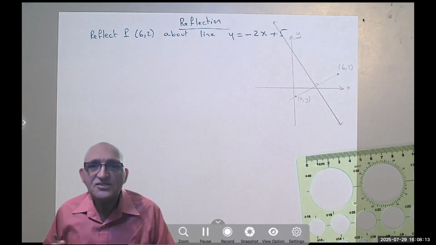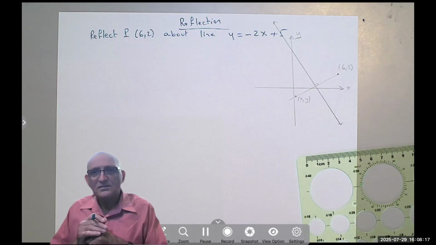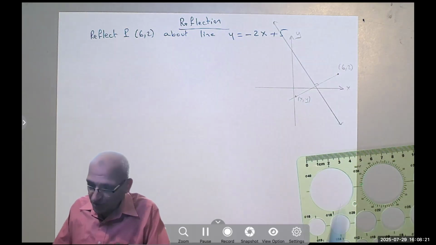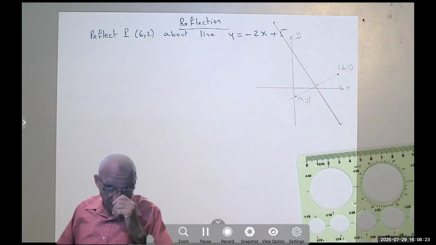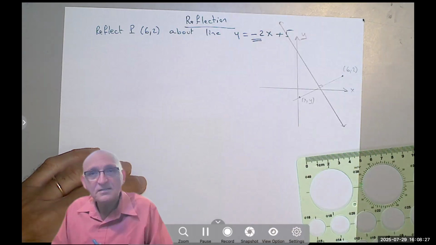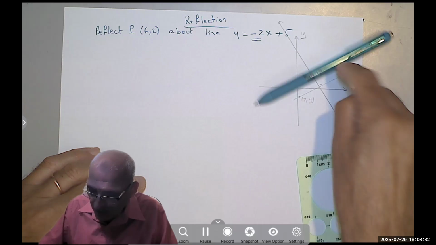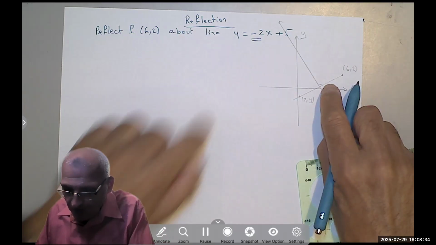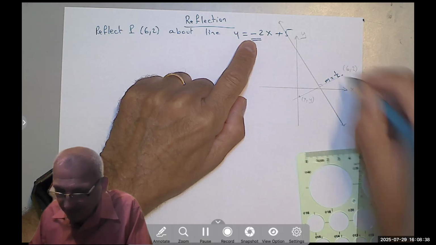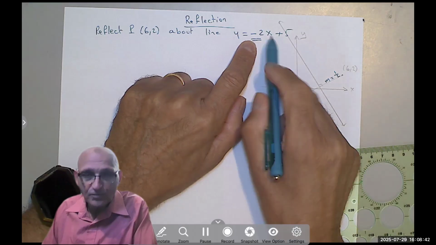But what if I ask you to use math to find this point? How would you go about it? Notice, you know the equation of this line, and you know the slope of this line. So if I want to draw a line perpendicular to it, the slope of that line would be the negative reciprocal, negative 1 divided by the slope, which is negative 2.